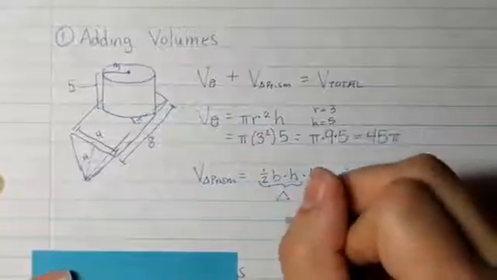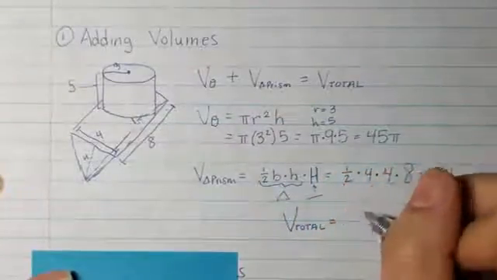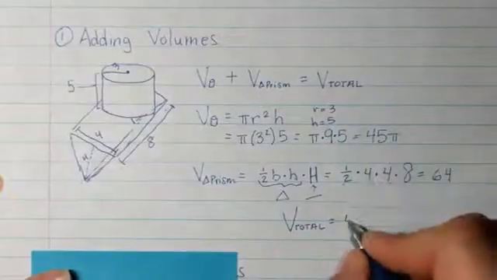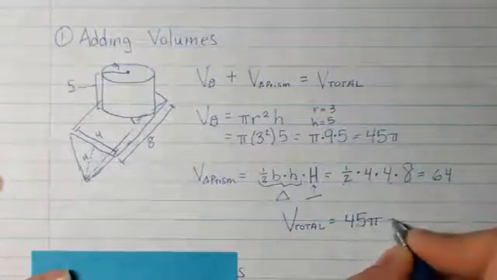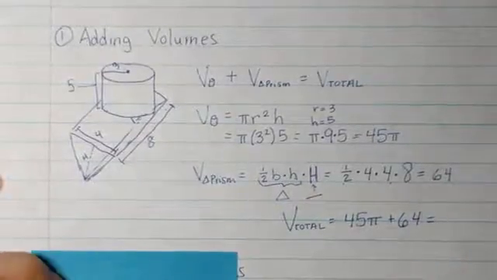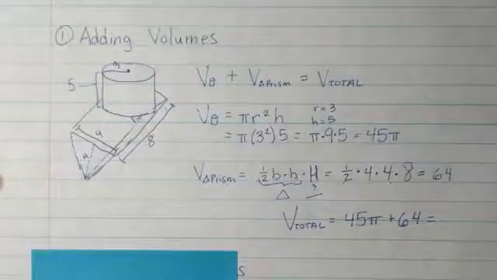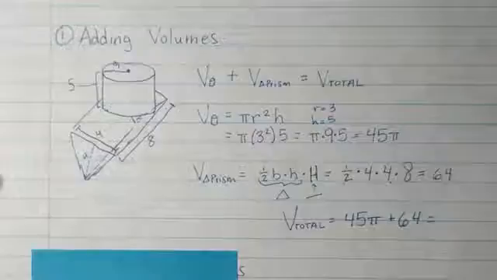All right, so then when we find our total volume, we're going to do the volume of our cylinder, which we said was 45 pi, plus the volume of our prism, which we said was 64. We'll go ahead and type that into the calculator, and that'll give us an answer of... oh darn it.